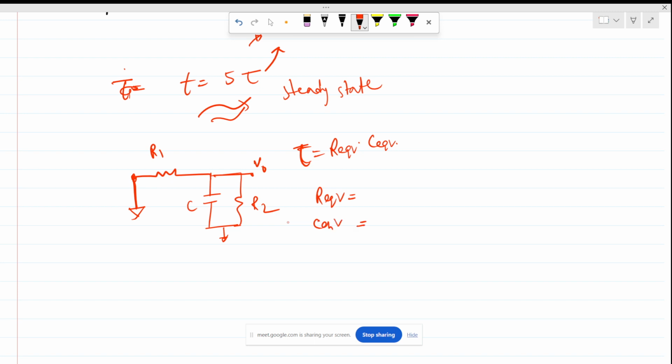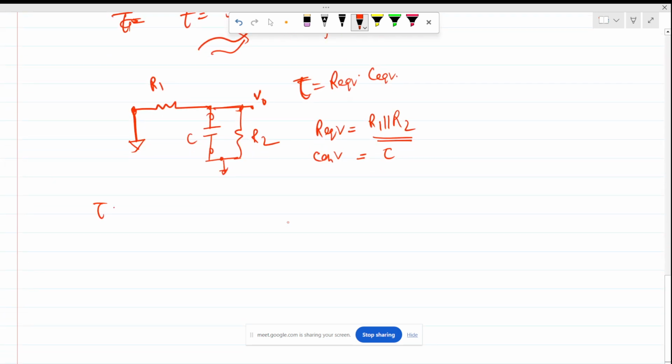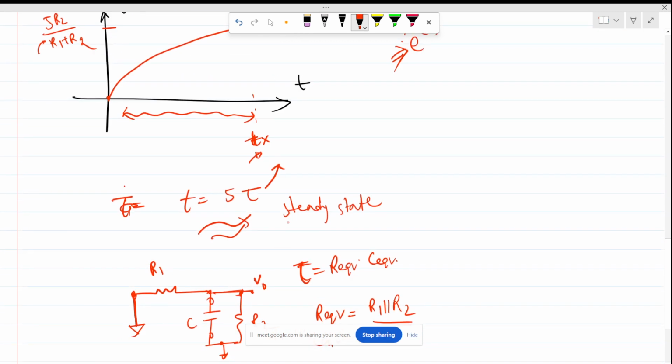R equivalent will be R1 parallel R2, because these two resistances come in parallel, and the equivalent capacitance will be only C. So the time constant tau will be R1 parallel R2 times C. Now what will be the Tx value? Tx will be nothing but 5 times R1 parallel R2 times C, right?